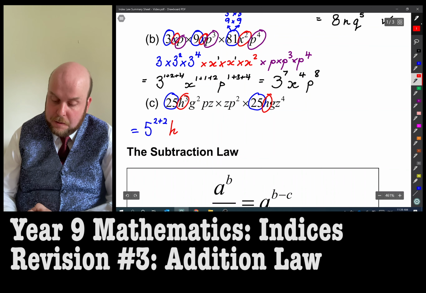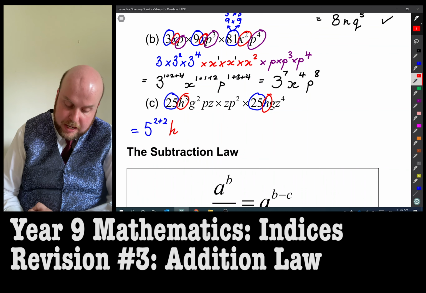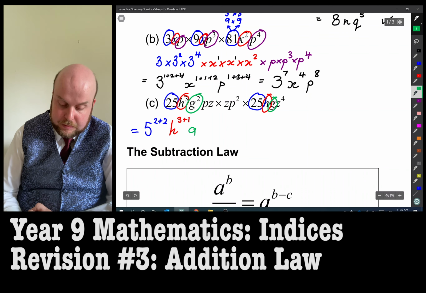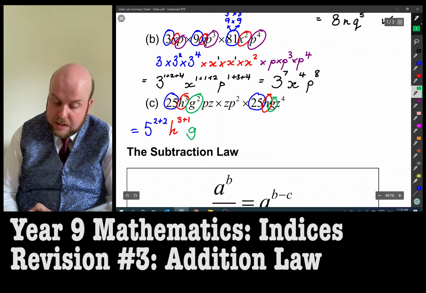We've got an h cubed and one more h. So that's h to the power of 3 plus 1. We've got a g squared and another g. So that's g to the power of 2 plus 1.